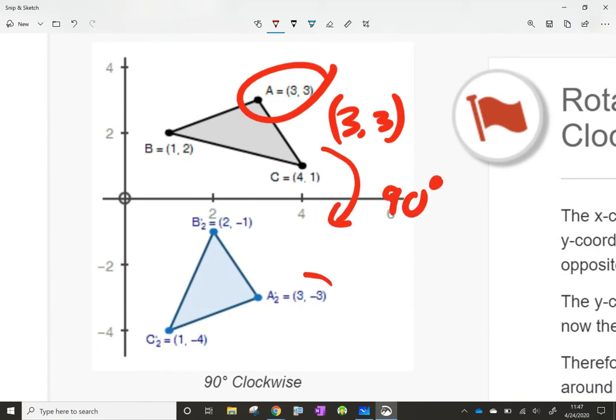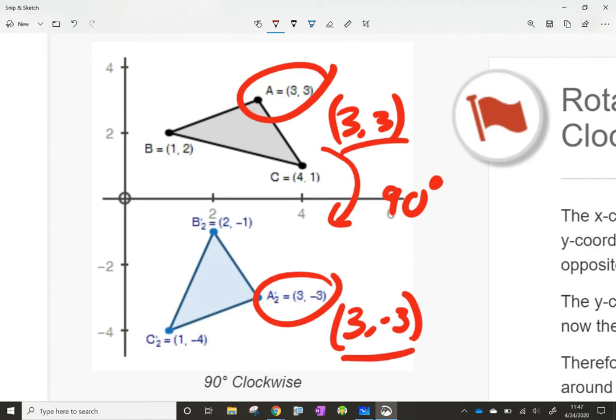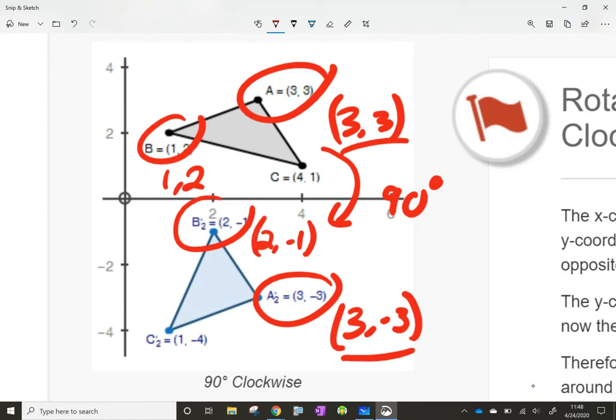A prime ends up being here at 3, negative 3. So let's pay attention to what the rule is that we're doing. If we look at B to B prime, it starts at 1, 2, and then it switches to 2, negative 1.